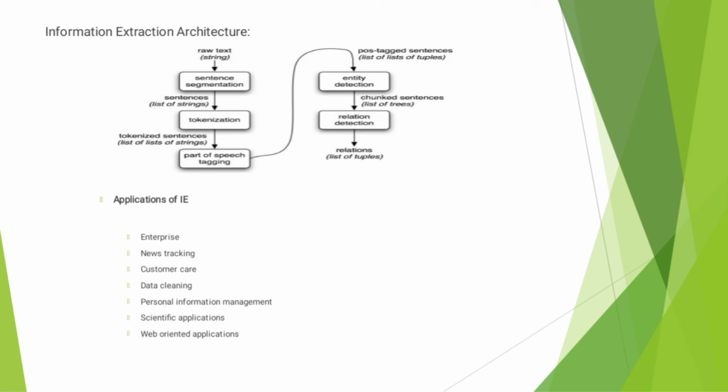Next, each sentence is tagged with part of speech tags, which will prove very helpful in the next step, that is named entity detection. In this step we search for mentions of potentially interesting entities in each sentence. Finally we use relation detection to search for likely relations between different entities in the text.